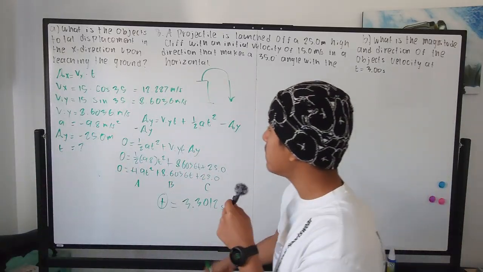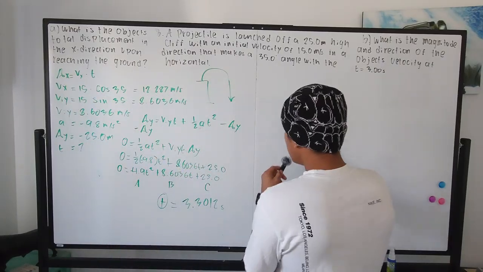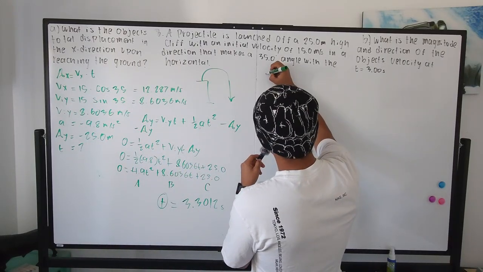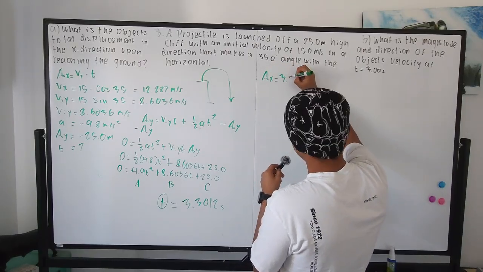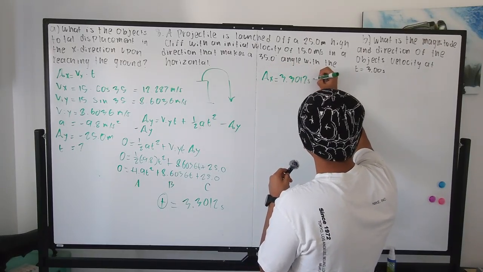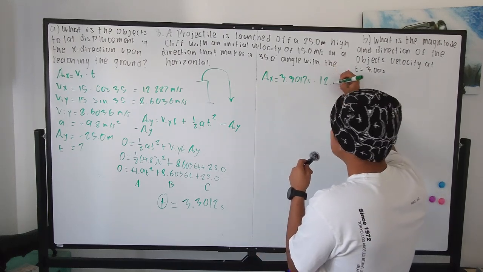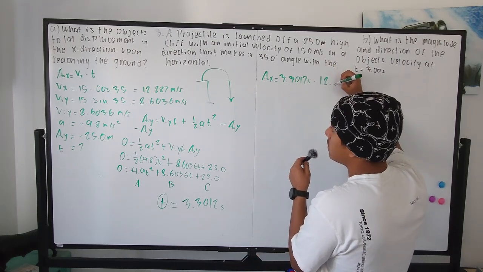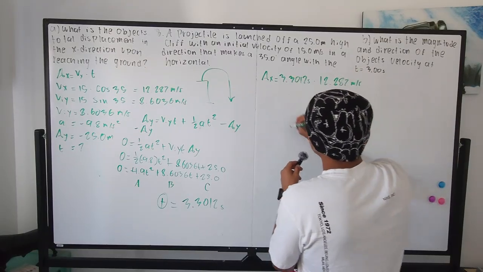So now that we have our time and we have our velocity in the x direction, we can find the displacement. So now we have that the displacement in the x is equal to 3.3012 seconds multiplied by the velocity in the x, which doesn't change, and it's 12.287 meters per second.